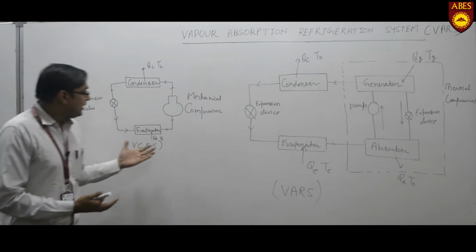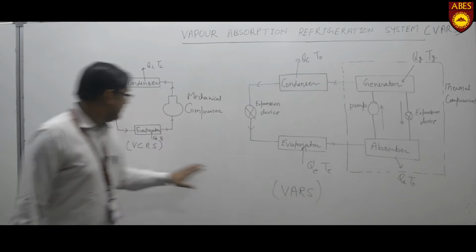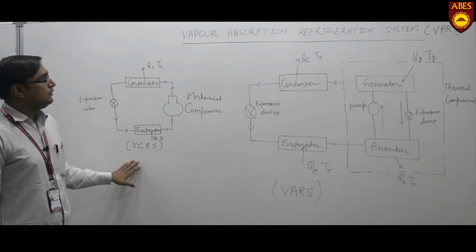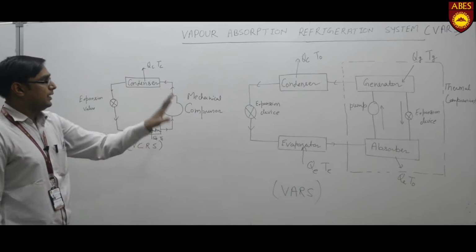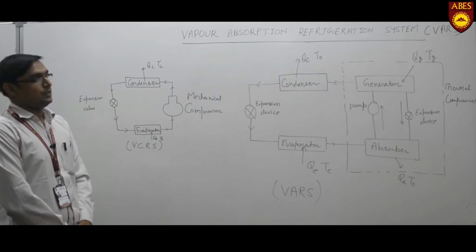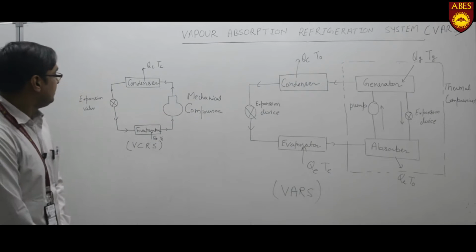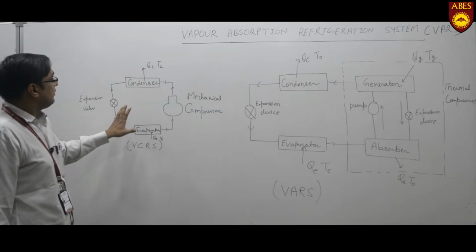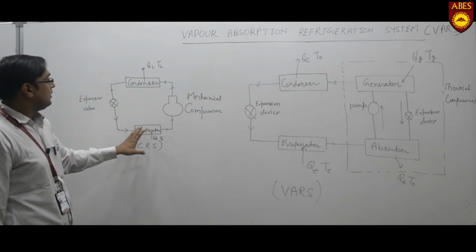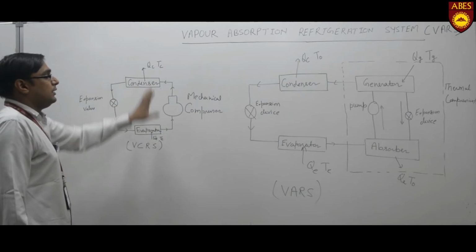Basically these are the simple schematic diagrams of VARS system and VCRS system. We can compare the two systems based on these diagrams and understand the whole cycle of VARS system. If we see the VCRS system, in this case we use refrigerant for extracting heat in the evaporator, and refrigerant runs in the whole cycle.